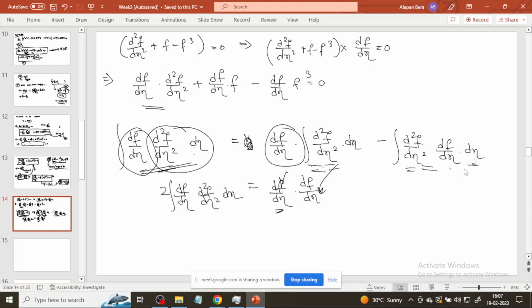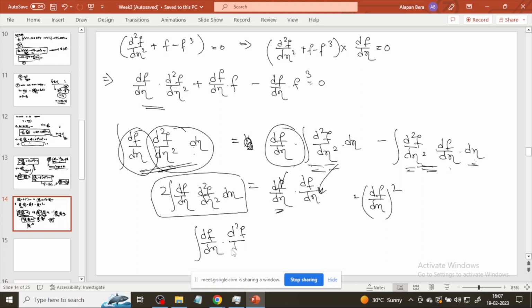Now this term and this term are the same. Taking this to one side, we get df by d eta whole square, so we get df by d eta into d square f by d eta square d eta equal to half of df by d eta whole square.